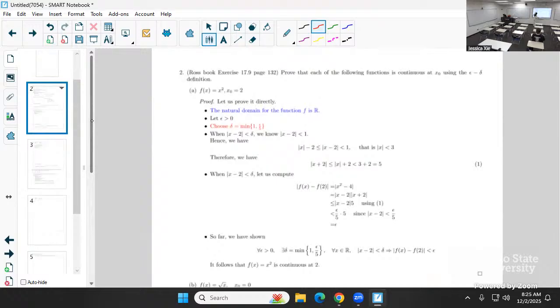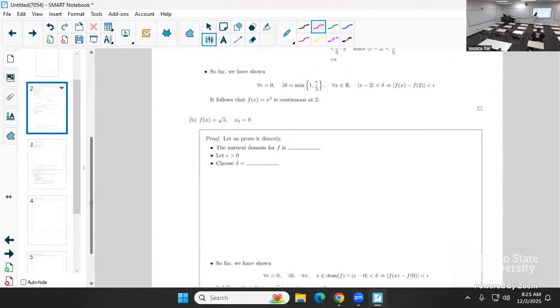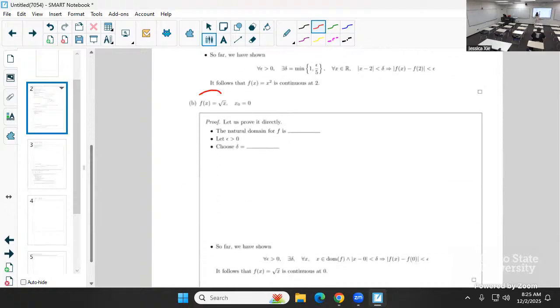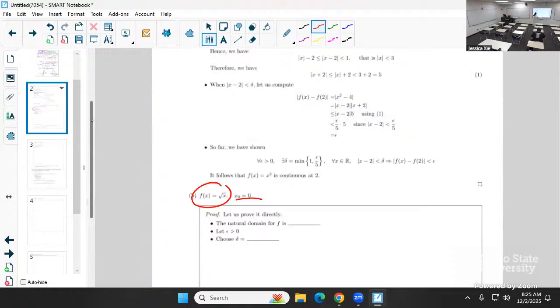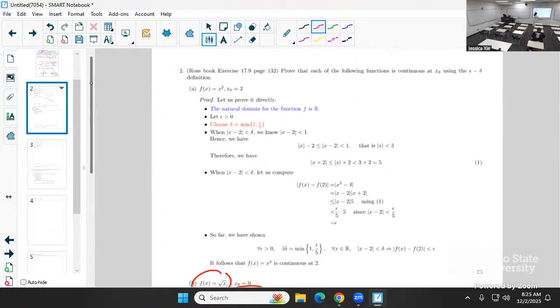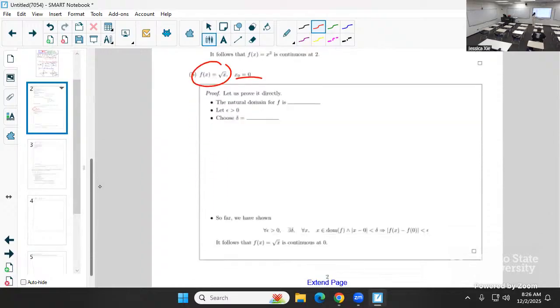Number two is the epsilon delta definition. Here we have applied the sequential definition, so let's take a look at the epsilon delta definition. Same kind of problem: f of x equals the square root of x. We need to use the epsilon delta definition to show that f is continuous at x naught, where x naught equals 0.